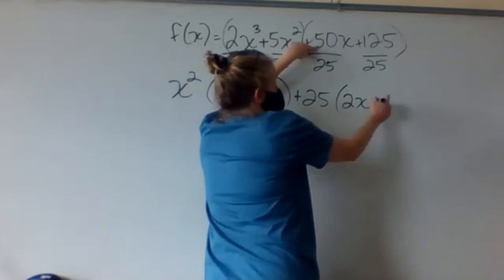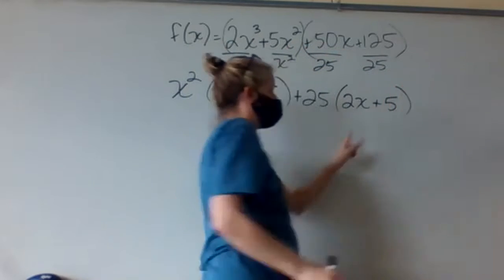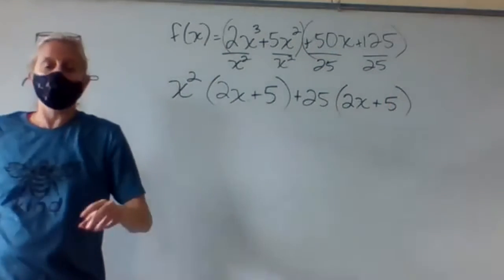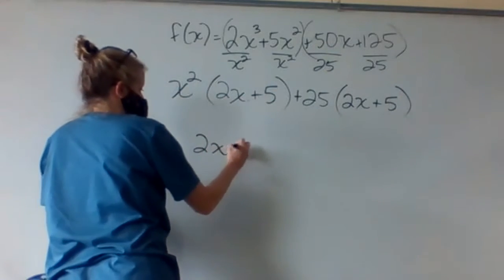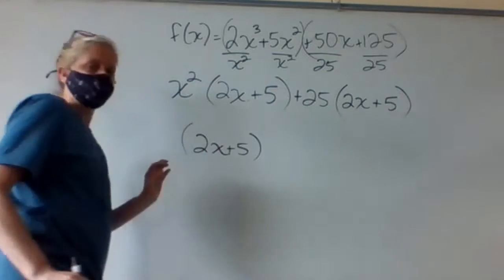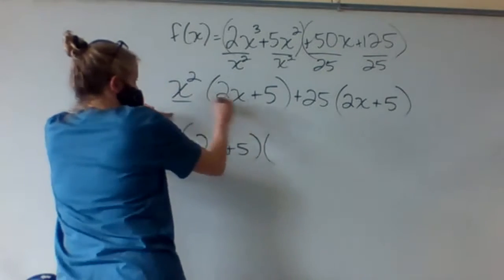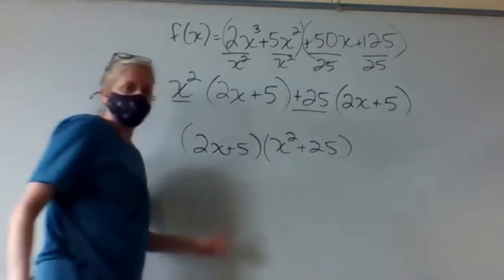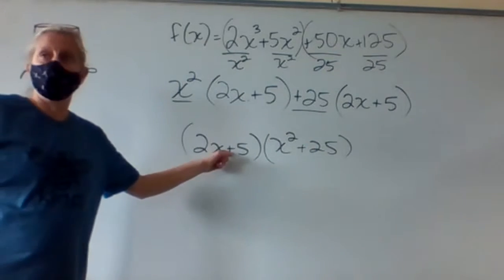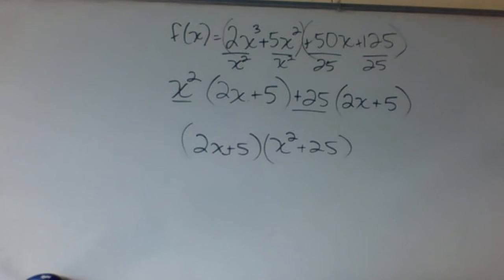Good. 2x plus 125 divided by 25 is 5. So that's good news. So there's the factorization. I have 2x plus 5 as one of the factors. What's the other factor? What you pulled out. Good. X squared plus 25.